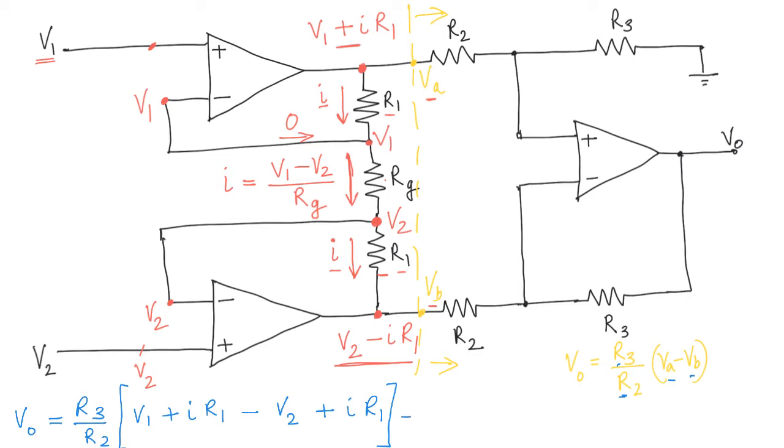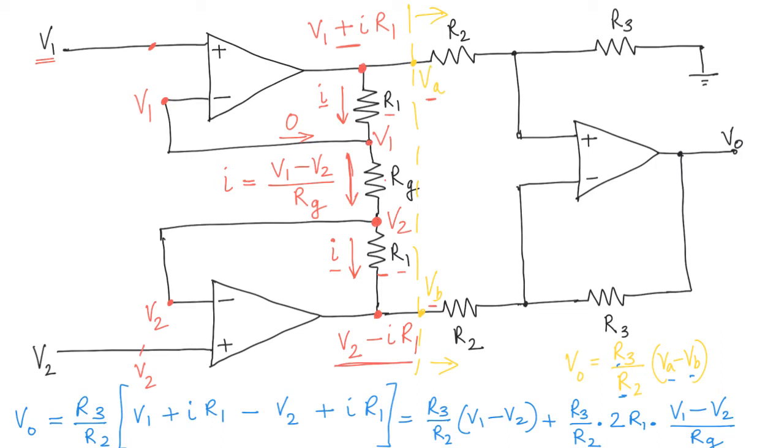And so that's equal to R3 over R2 times (V1 minus V2) plus R3 over R2 times 2 R1 times I. Now what is this I? So instead of this I, we can substitute the value from here, right? So what it becomes is (V1 minus V2) over RG.